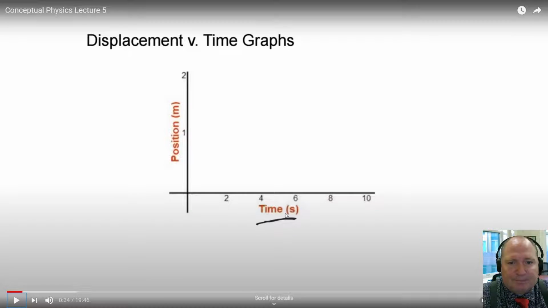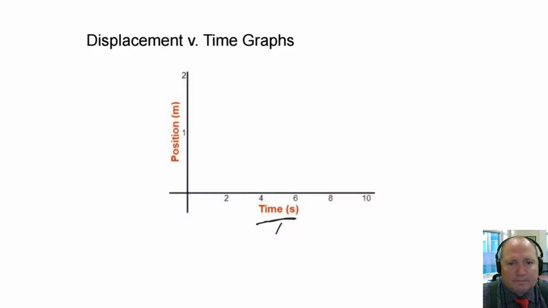I love it. For all of the graphs, sometimes this will be displacement or position, but we'll also see this with velocity or acceleration. But time is always on the x-axis. So confusing.